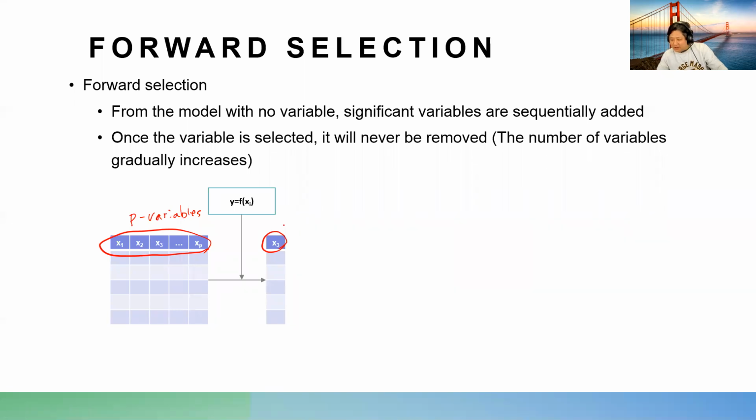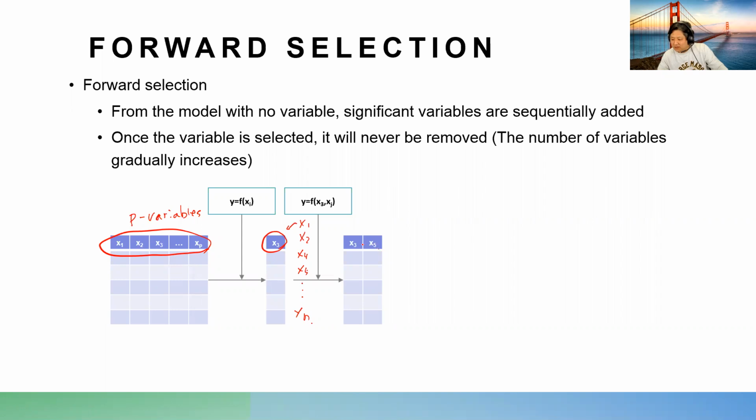And then add all the combinations. So x1 added, x2 added, x4, x5 to xn. And then we select the variable contributing to the most significant result.